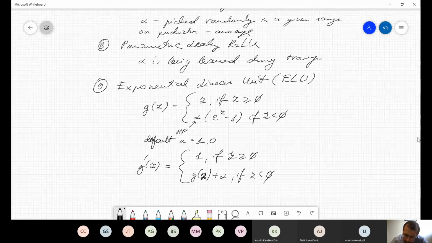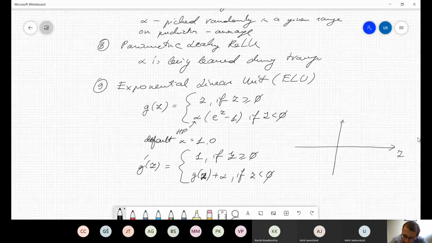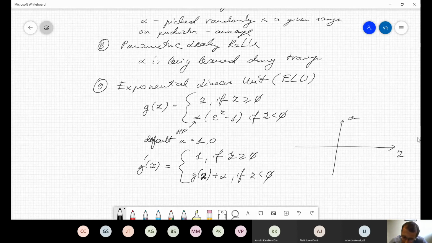So this gives a well-defined, not constant derivative on the minus side. So this is f, this is the input, this is the output. And now what we have right here is, again, the linear unit goes like this on the plus side. And here it basically has all the good things that come from a well-defined, not constant derivative on the minus side.